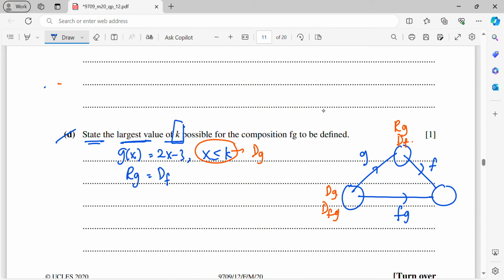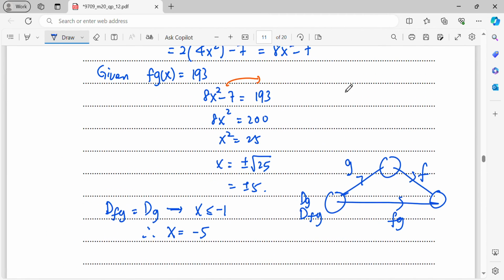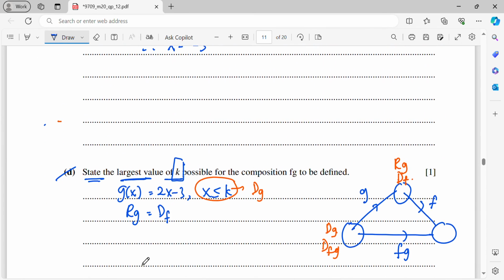So now your range g is you substitute the x value into your function. That is a range g. So I'll get 2k minus 3 because you need to find out what is the largest k. Okay, so I will write 2k minus 3.